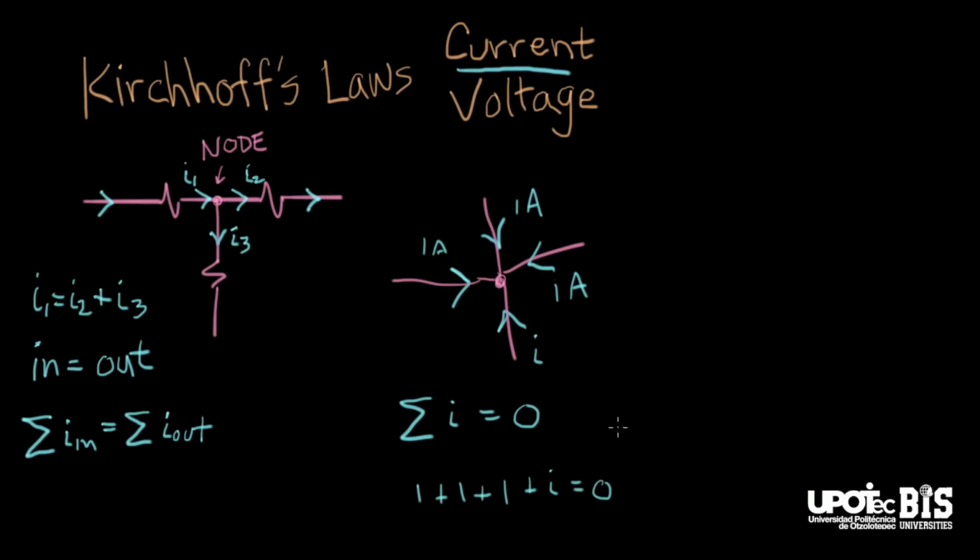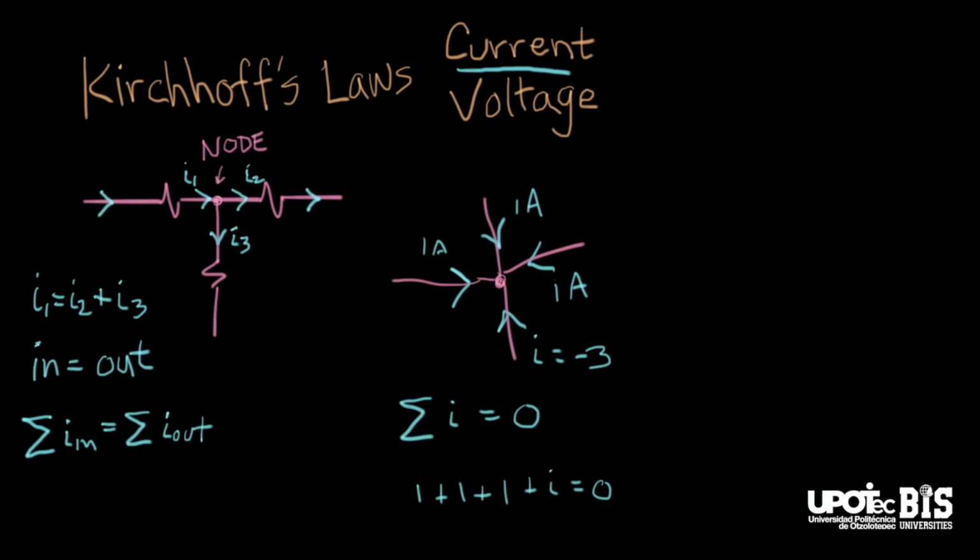And what that says is that I equals minus 3. So minus 3 amps flowing in is the same exact thing as plus 3 amps flowing out. So 1 amp, 1 amp, 1 amp comes in, 3 amperes flows out.